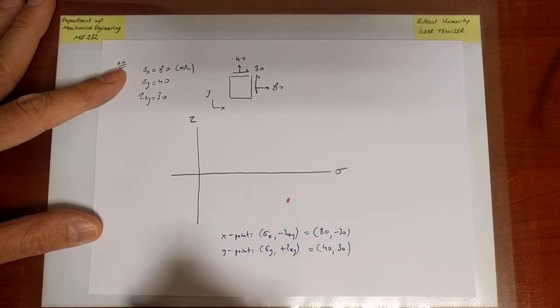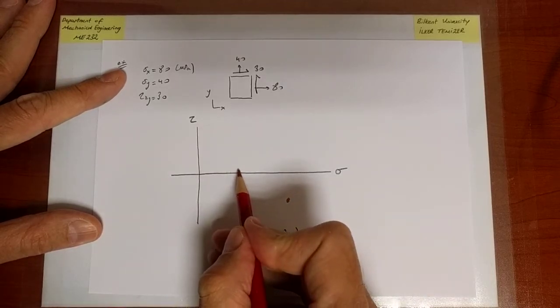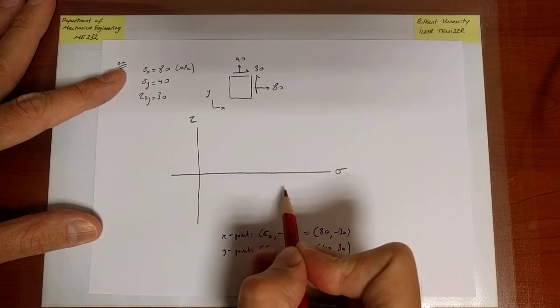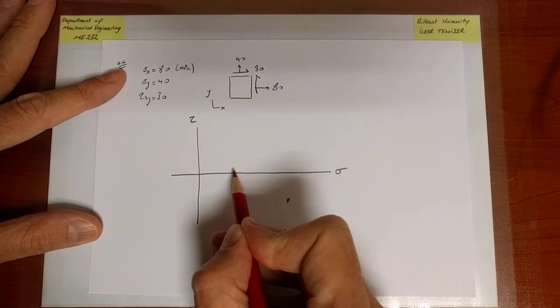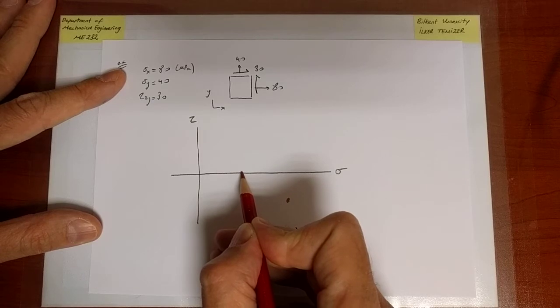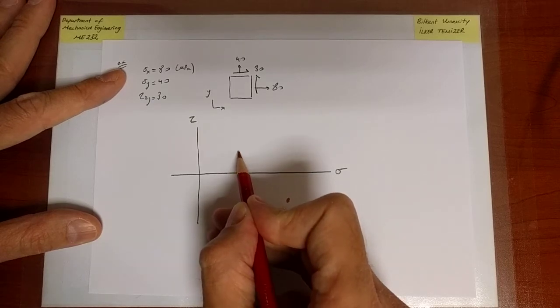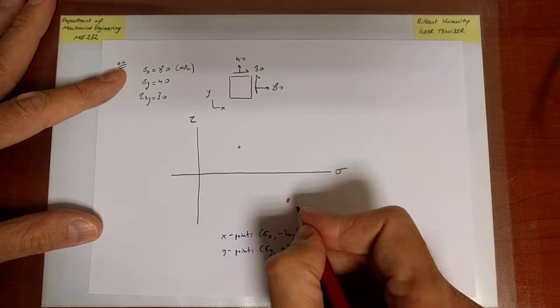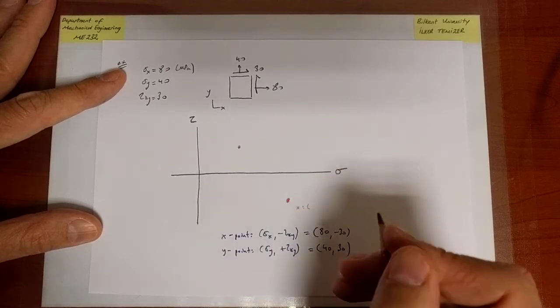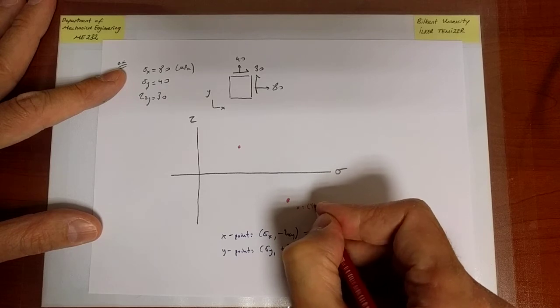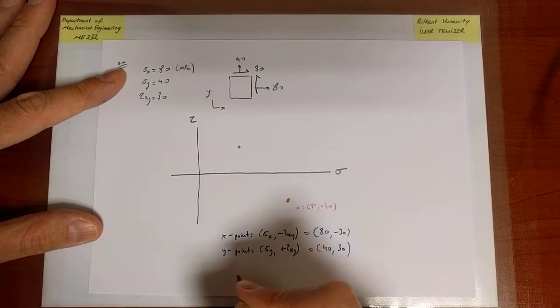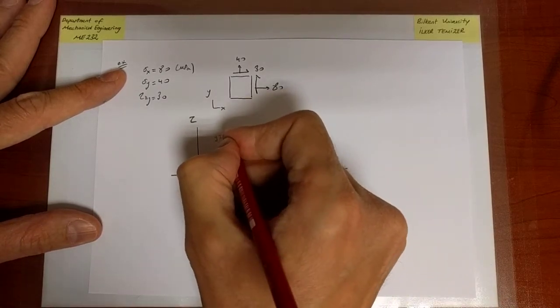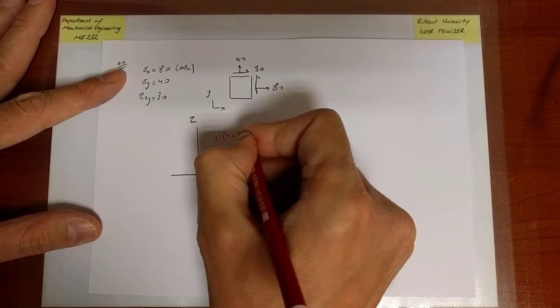And the second one is 40 plus 30. So if that's 80 and say this is 40 over here. So plus 30. So that's the x point: 80 minus 30, and that's the y point, which is 40 plus 30.